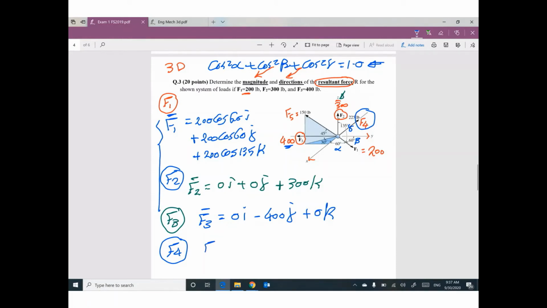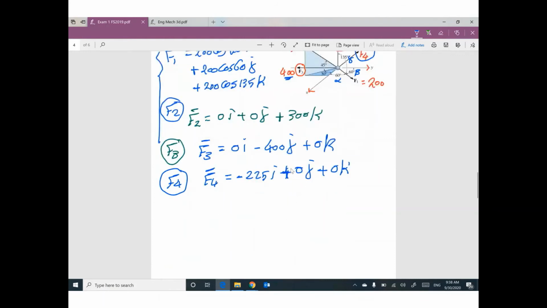So F4 as a vector will be negative 225i, 0j, and 0k. For F5, what do you have for F5 as a vector?